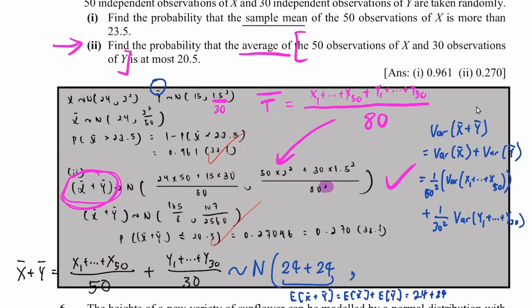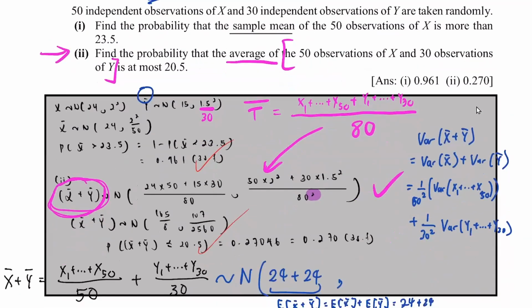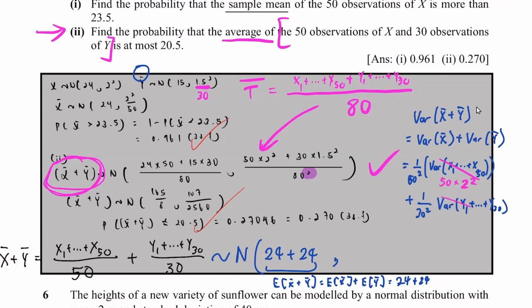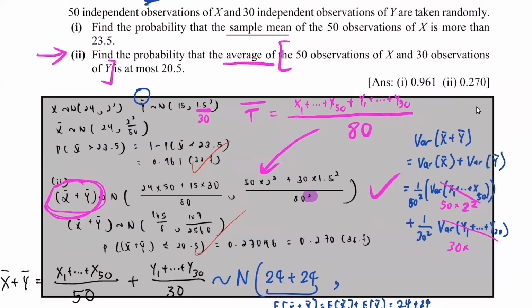Because of independence, you can split this up further into variance x1 plus variance x2 plus dot dot dot plus variance x50. Each of them has a variance of 2 square, and there are 50 of them, so this is 50 times 2 square. Then that one will be 30 times 1.5 square.